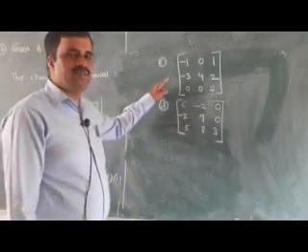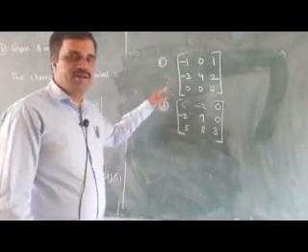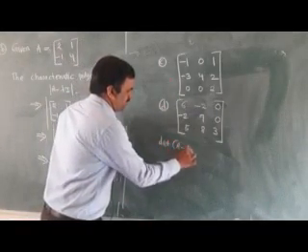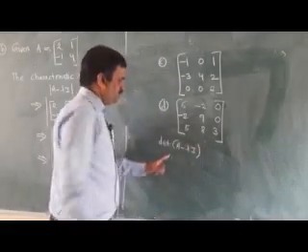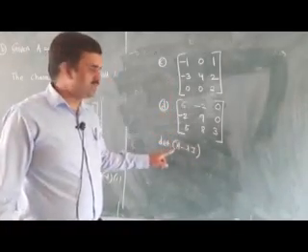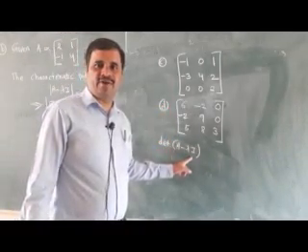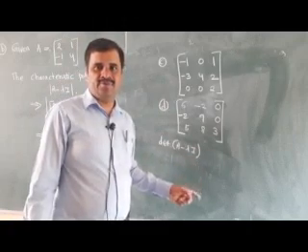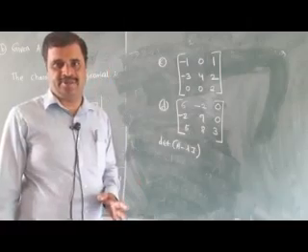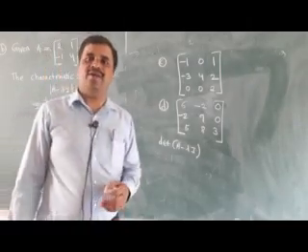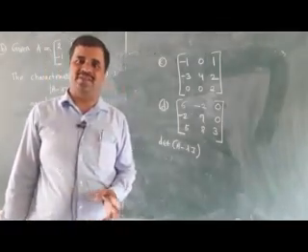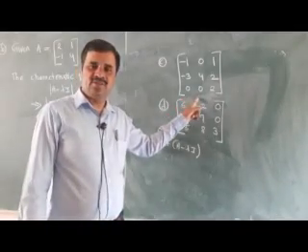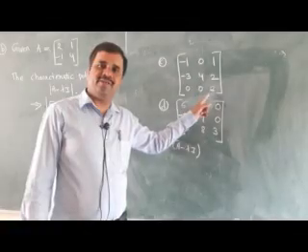So simply consider the characteristic polynomial as the determinant of A minus lambda I. Matrix A we already have, minus lambda times the identity matrix. For that you have to find the determinant. Of course, you get a characteristic polynomial of degree 3 because it is a 3 by 3 matrix.